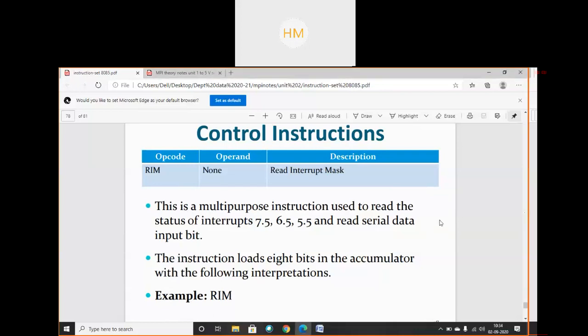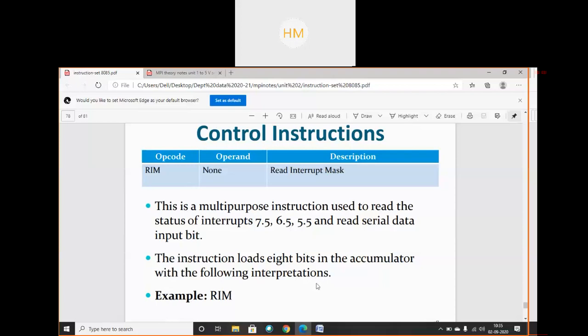This is a multi-purpose instruction used to read the status of interrupts 7.5, 6.5 and 5.5 and to read the serial data input bit. I told you communication with the microprocessor is in a serial way. That means one bit by one bit data you can transmit or receive. So it reads data serially, bit by bit. The instruction loads 8 bits in the accumulator with the following interpretation.